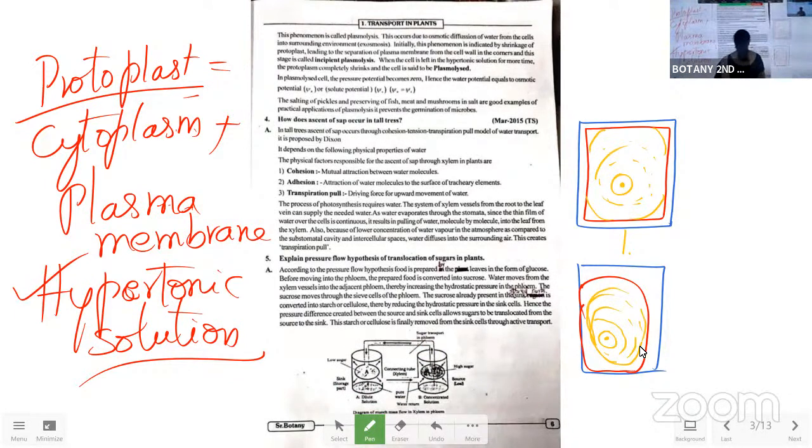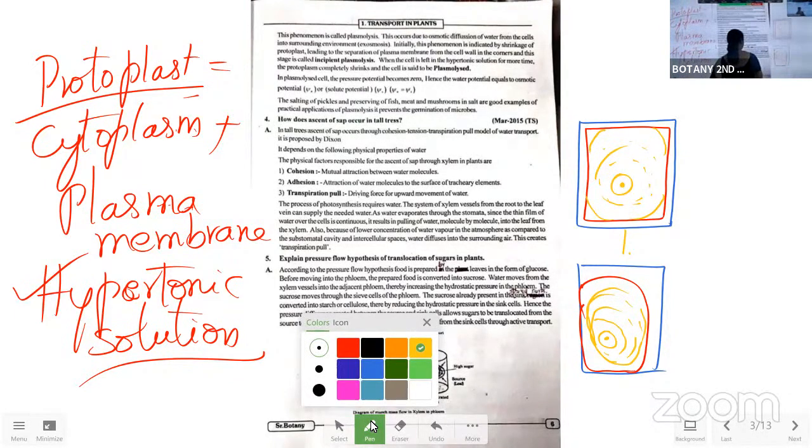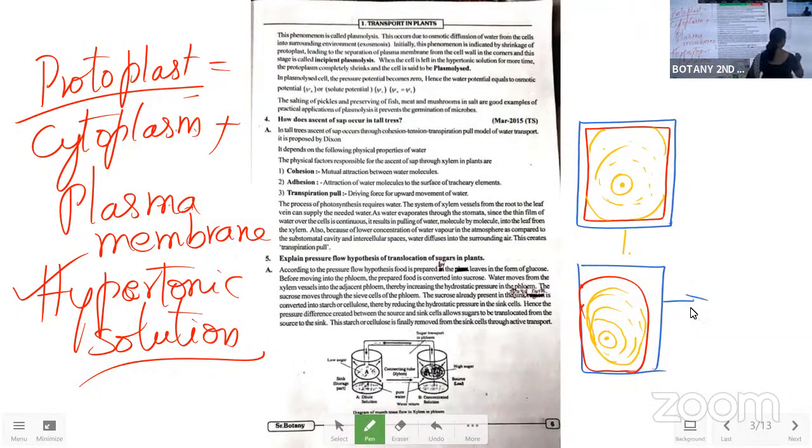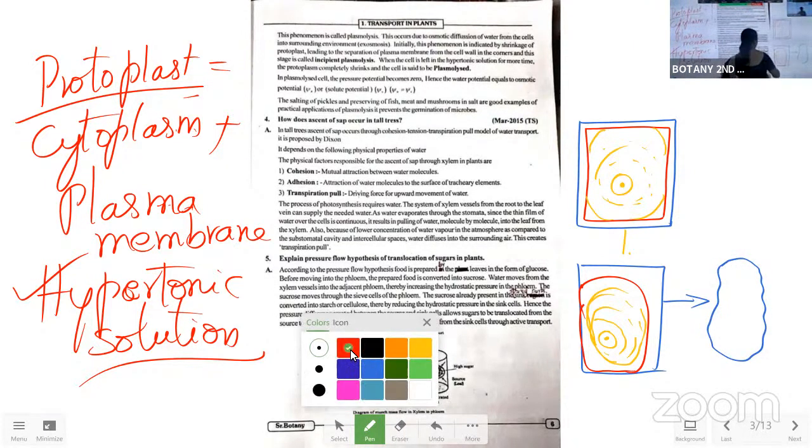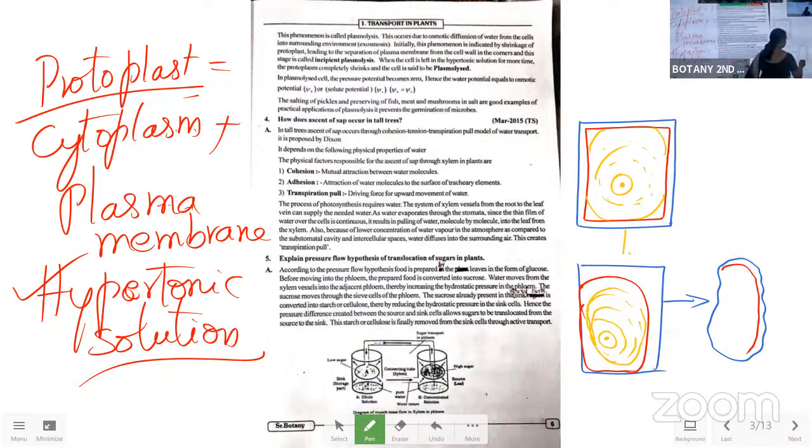And last, what happens? The cell wall, what is the function of the cell wall? It needs to surround, otherwise cover, otherwise protect the protoplasm, that is the plasma membrane and its cell organelles, isn't it?